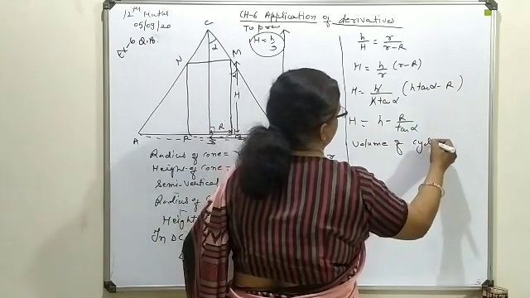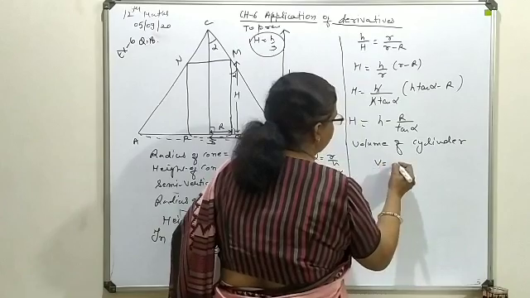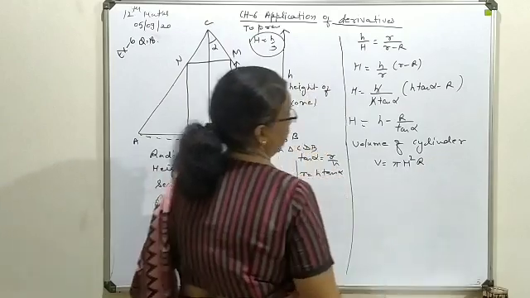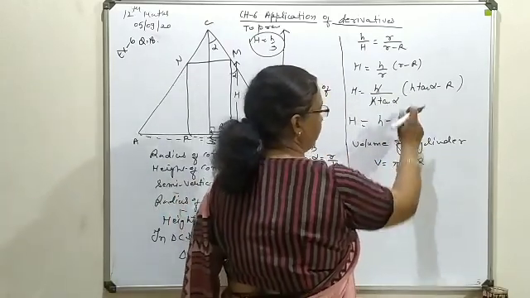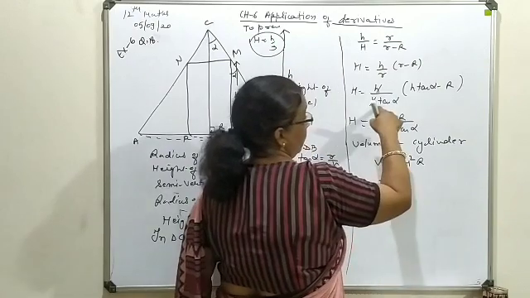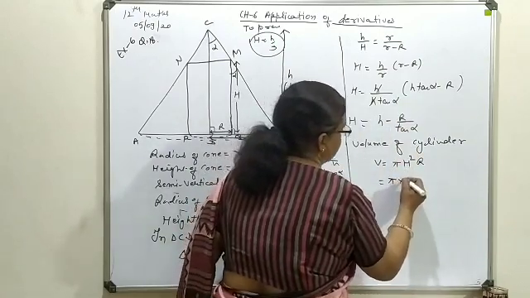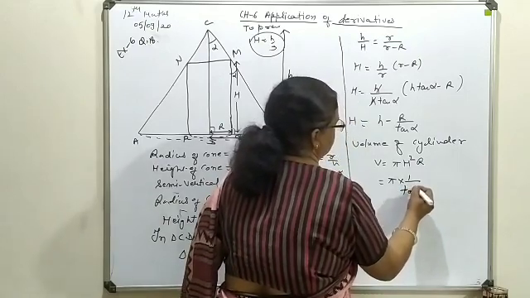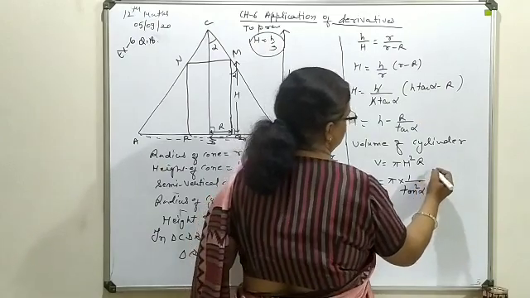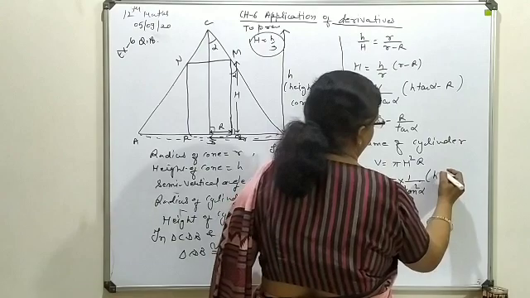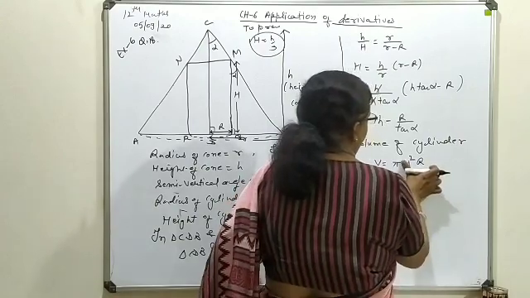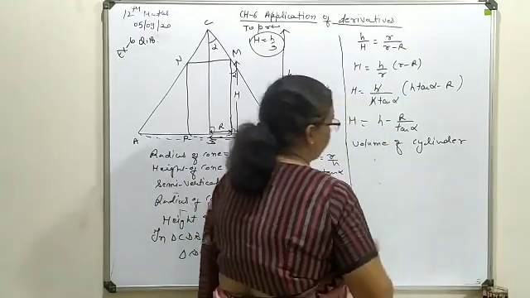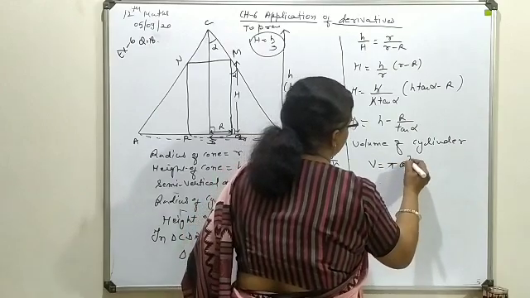Volume of the cylinder, V, will be pi r square h, where h is the height of the cylinder and r is the radius of the cylinder. Now h you have already described in the form of H minus r upon tan alpha.